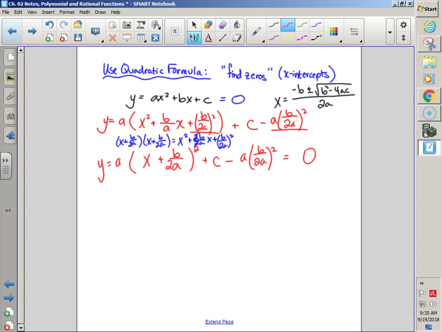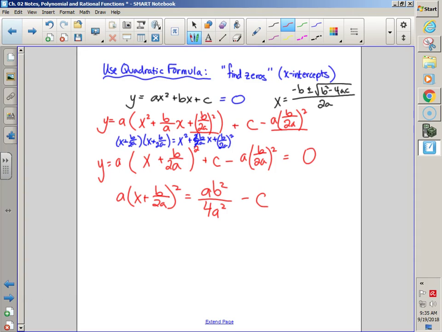Well, can't I add this guy to the other side? So I'd end up with a times x plus b over 2a, quantity squared, plus c. Well, actually, we can move the c and the other guy, and we end up with ab squared over 4a squared. That gets added, the c gets subtracted.